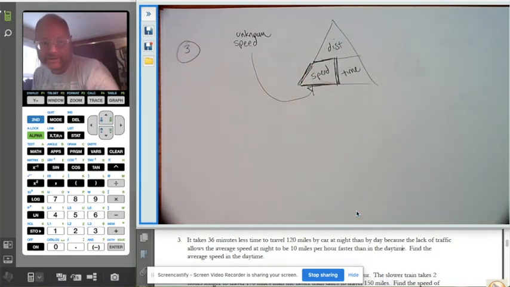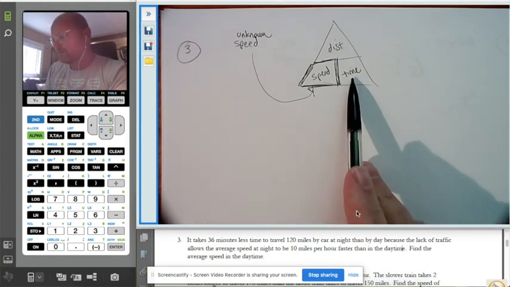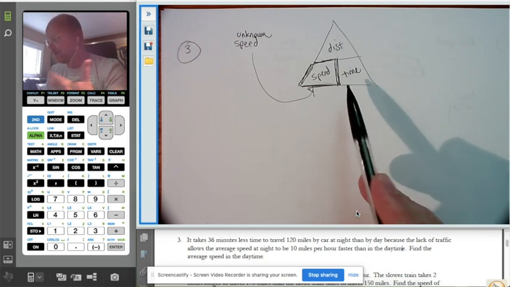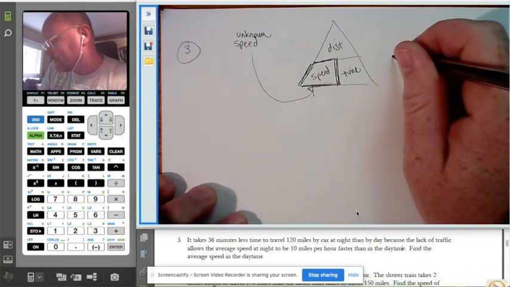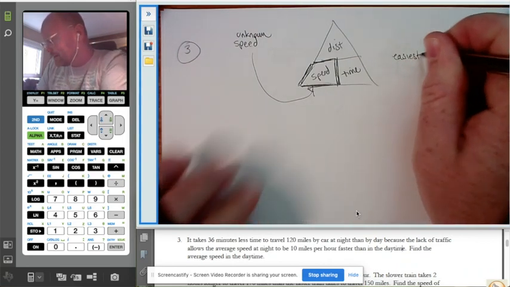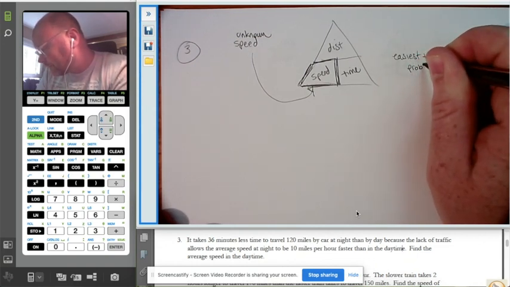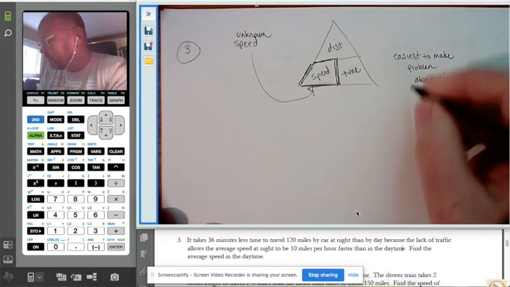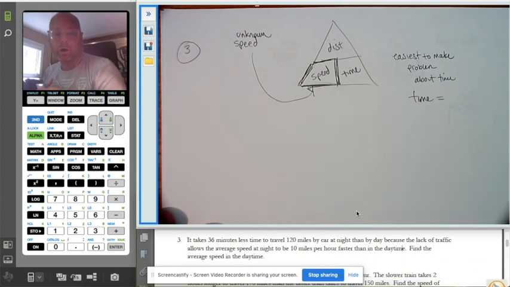So it is easiest if you make your equation focused on times, adding and subtracting times together. So this is going to be easiest to make the problem about time: the time in the daytime, the time in the nighttime, how long it takes to travel those 120 miles.